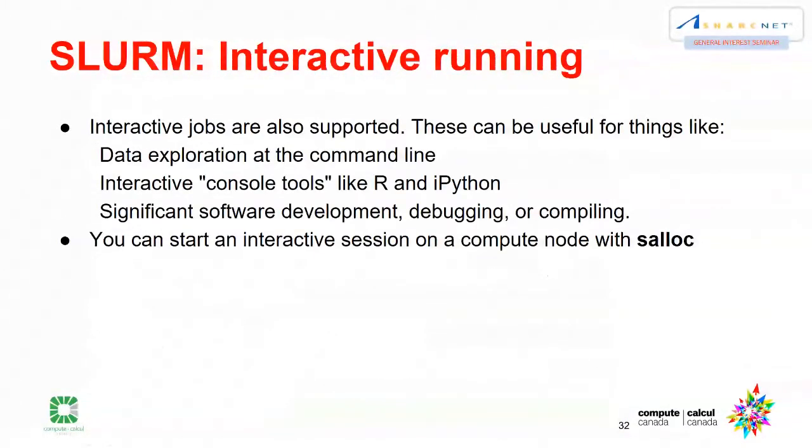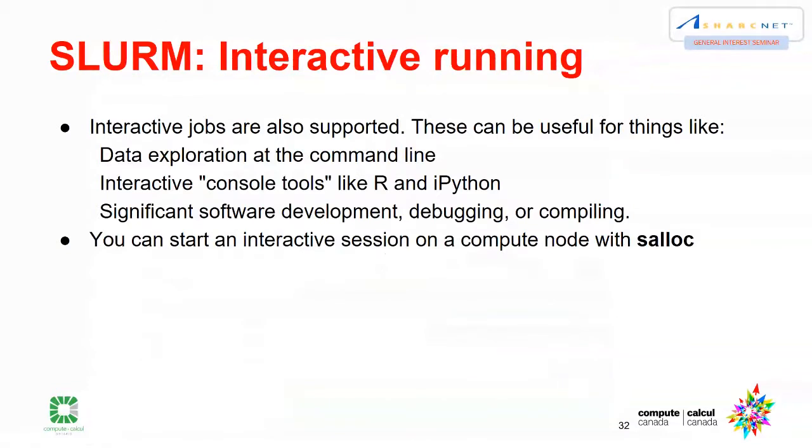And SLURM also has a very fantastic feature of interactive running, which means if I'm a developer of certain code, sometimes you have to check if your code runs pretty well before you actually submit the job for a long time run. Therefore, SLURM suggests you to use interactive running mode.